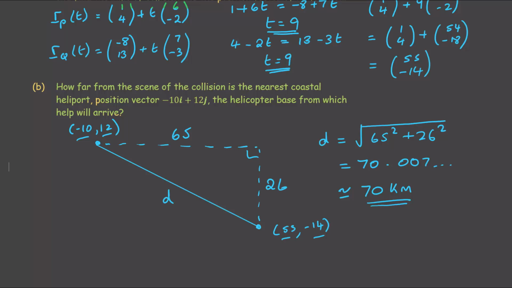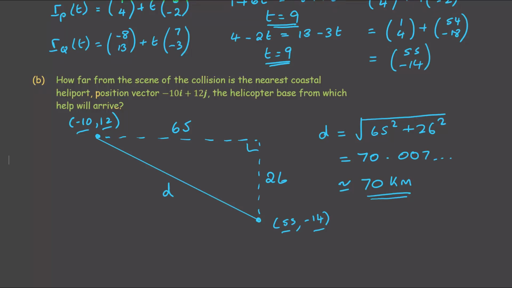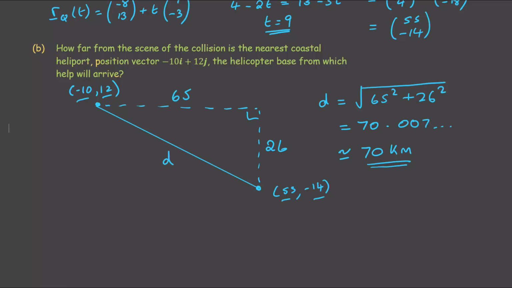Now, we didn't have to draw the diagram. We could have found the relative position, that's the position of this one from this one, by doing 55, negative 14, that's the scene of the collision, take away negative 10, 12.